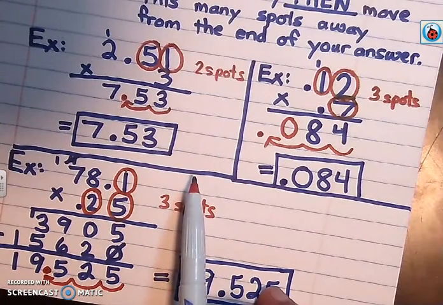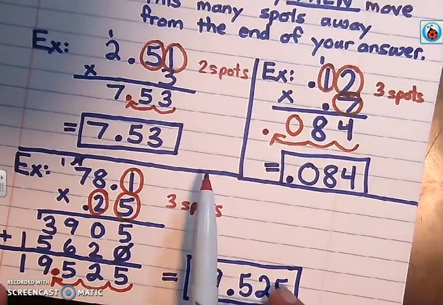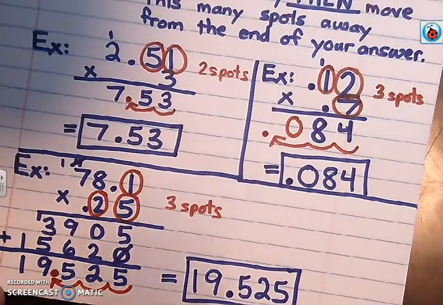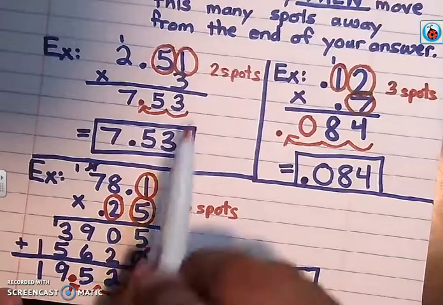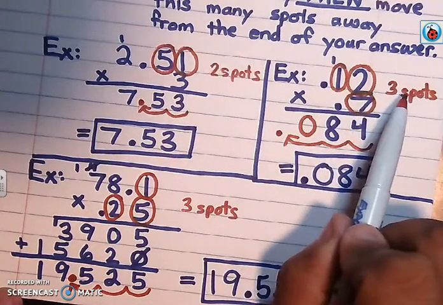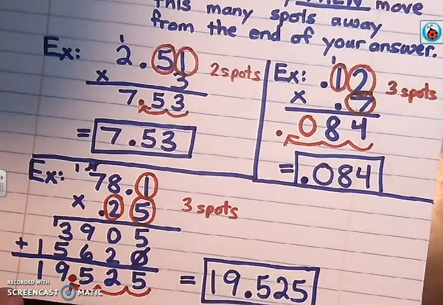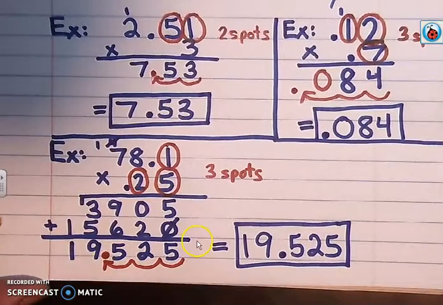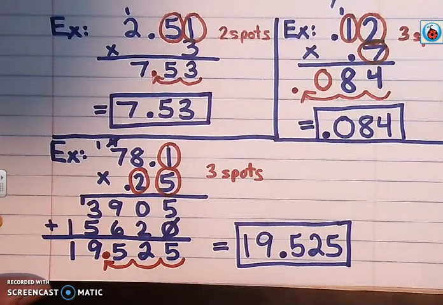Because of the numbers that are behind the decimal. The ones that we did what to of them? The ones that we circled. So I circled 2 numbers, 2 spots. I circled 3 numbers, 3 spots. Perfect. So that's where we're getting those. So now we'll go ahead and we'll get some more practice with those.